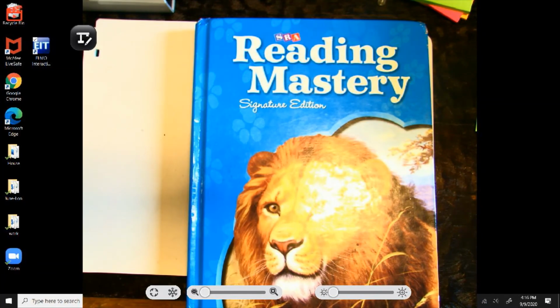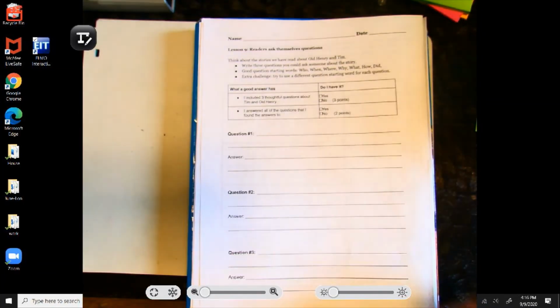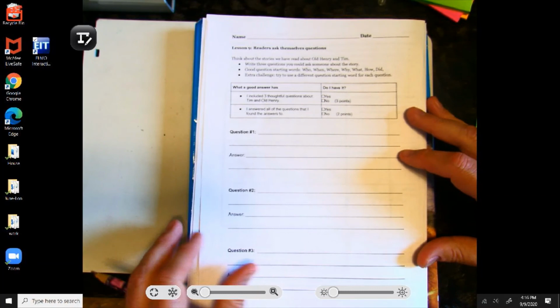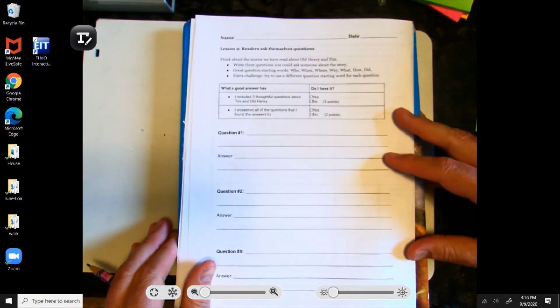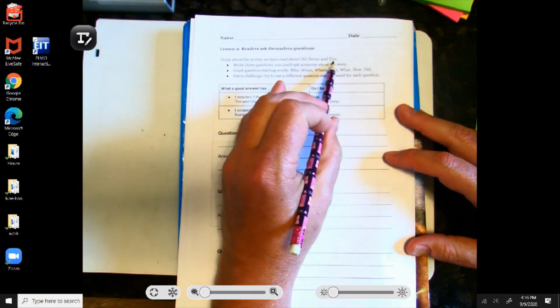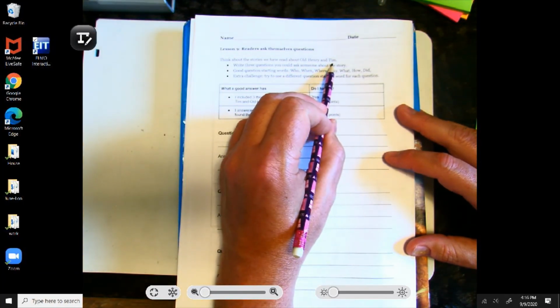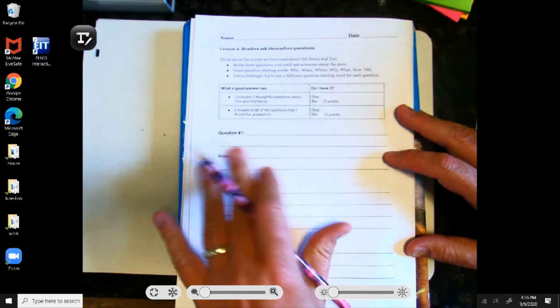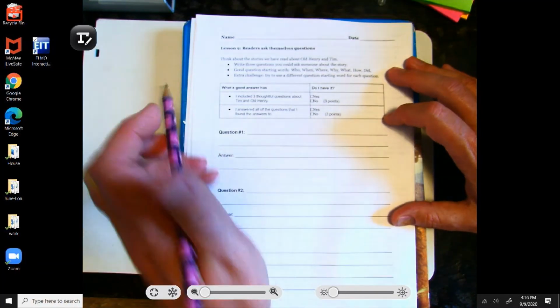So lesson 9 in your packet, you get to make up some questions today. So it says, think about the stories we have read about old Henry and Tim. So it doesn't have to just be about today. Think about everything you've been reading about Henry and Tim.